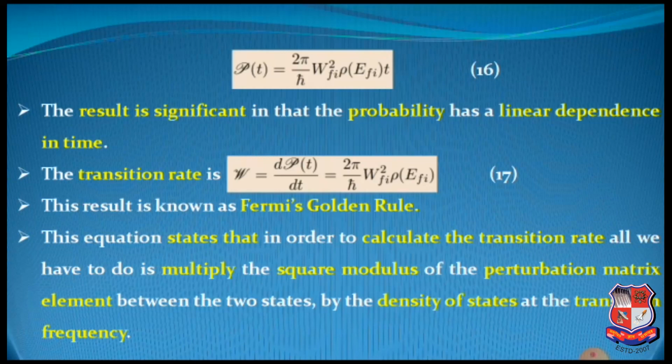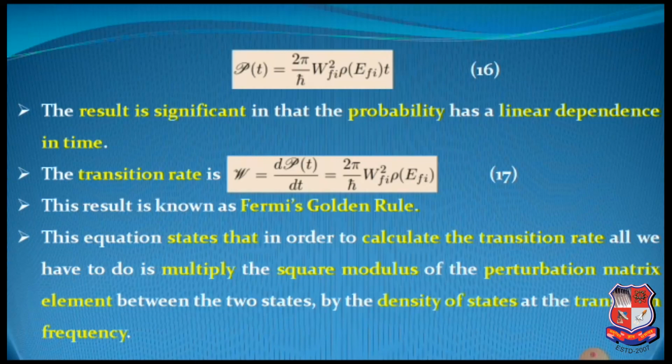Equation 16 is significant in that the probability has a linear dependence on time, from which the transition rate can be calculated like this: W is equal to the differentiation of equation 16 with respect to time, which is 2 pi upon h cut |Wfi|² rho(E fi), because dt over dt is cancelled out. This is known as the mathematical expression of Fermi's golden rule.